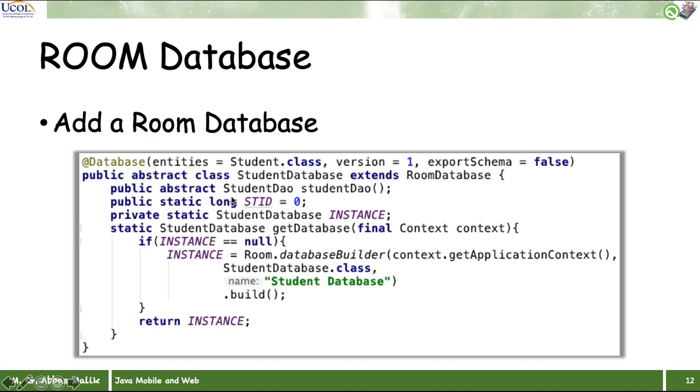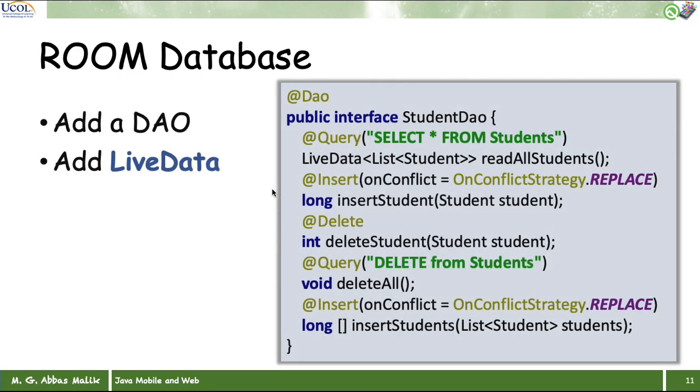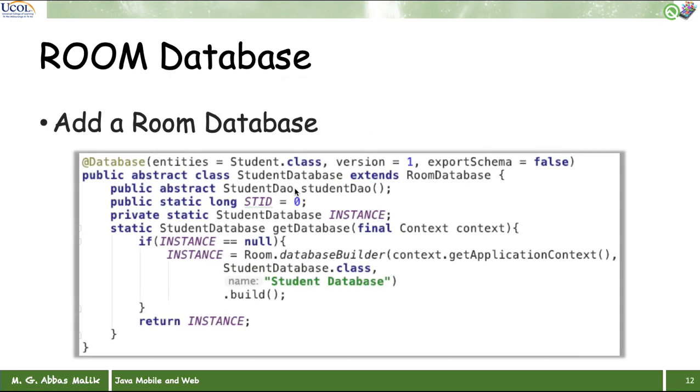We also have an abstract student DAO method that is going to return the student DAO object that we have just created. It's an abstract method which needs to be implemented, and that is implemented by the Room data access framework. So we don't need to implement it, and that's why this method is abstract.